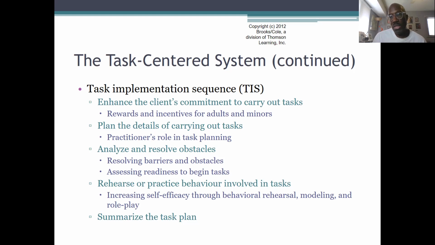So what we might do is think about or brainstorm and come up with some different strategies about how to approach that particular issue, and then role model a conversation in terms of what it might look like for you as the client to have that conversation with that child, saying the things that you would say to that child to see whether you get a different type of response. So that's an example of actually practicing a behavior and then rehearsing it, role playing it, and then actually bringing it to fruition with the actual participants that are involved, and then summarizing that task plan.